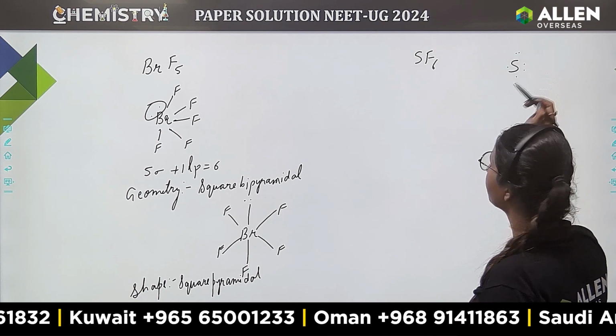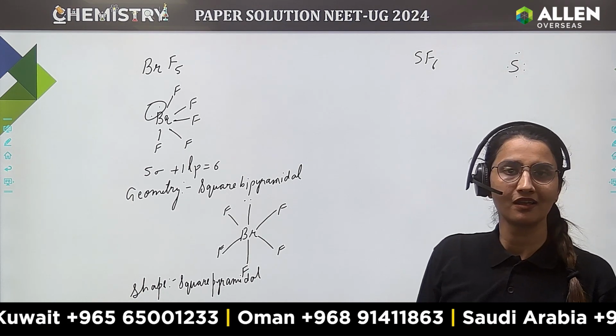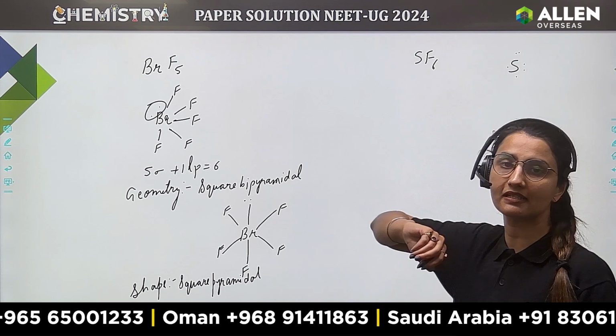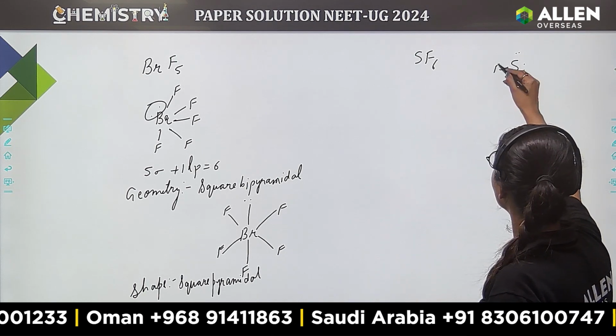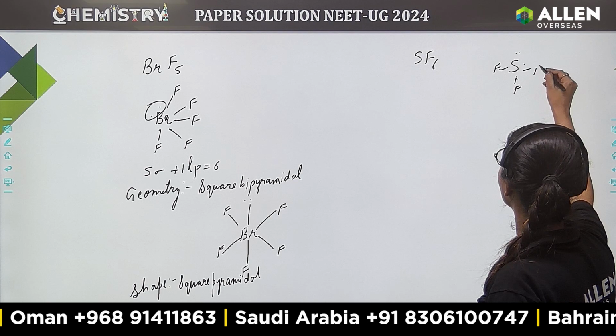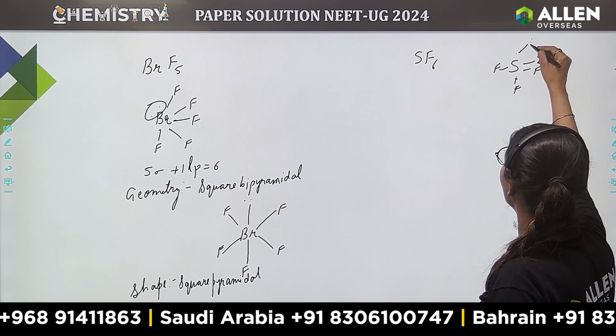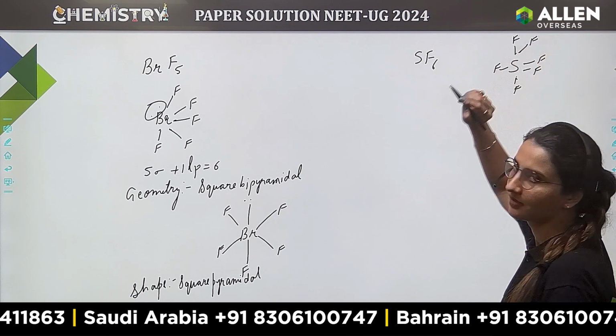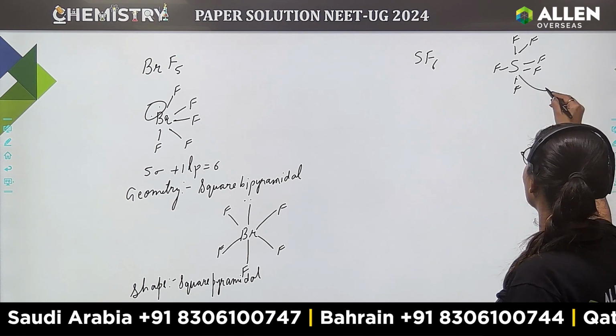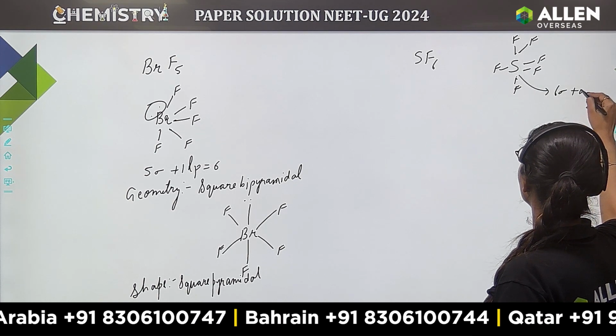One more. Then pairing. Fine. It is attached to 6 F. I'm attaching 1 F, 1 F, 1 F, 1 F, 1 F, 1 F. So see, students, it has 6 sigma bonds, 0 lone pair.